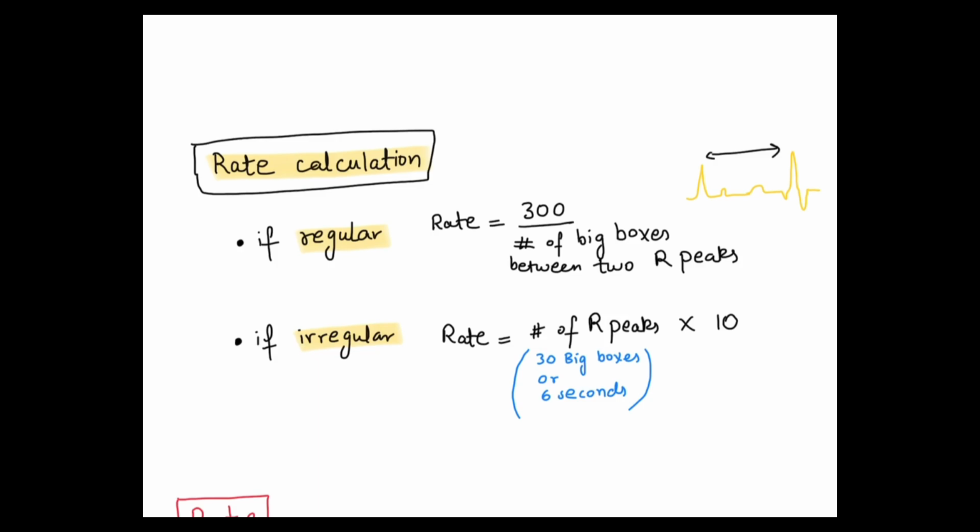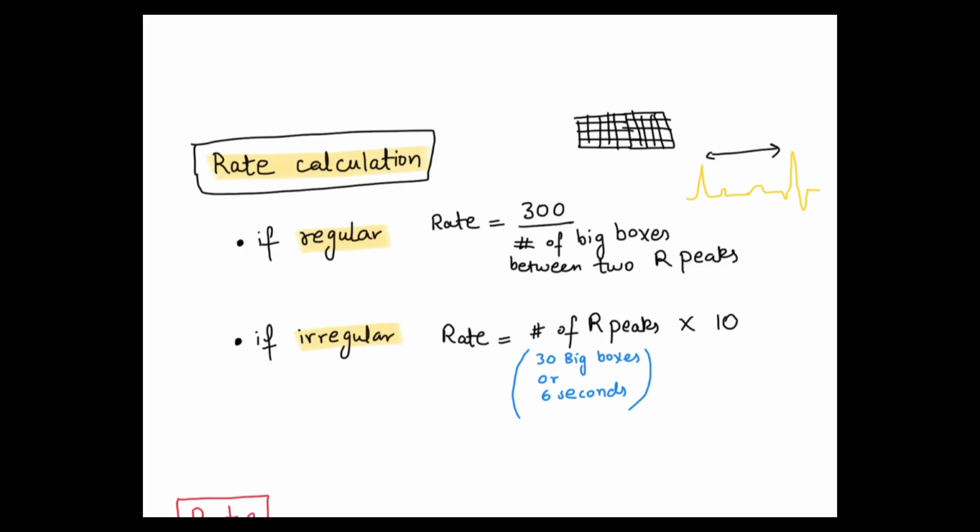So for the irregular one, we can use a different formula. So here are the big boxes, and each has small boxes in it, and then there will be another big box next to that, and we will basically calculate the number of big boxes.